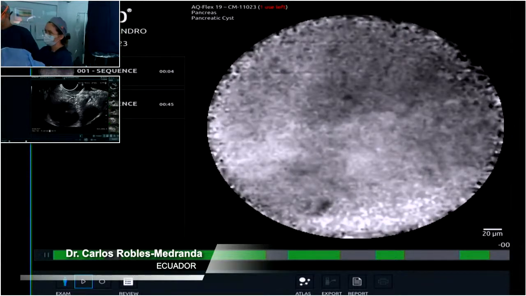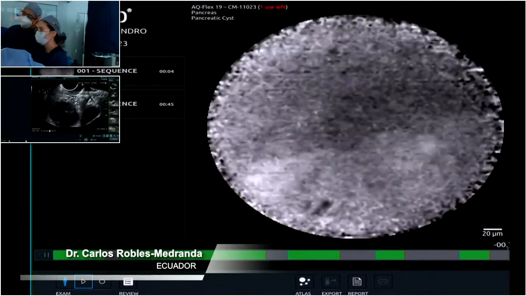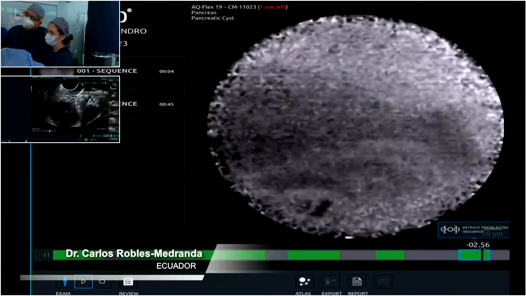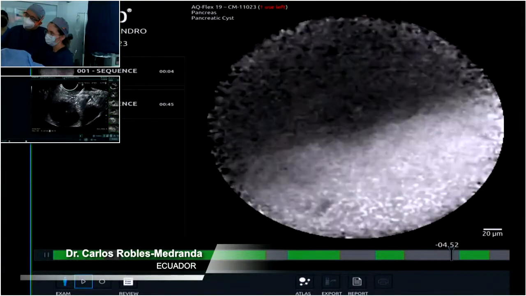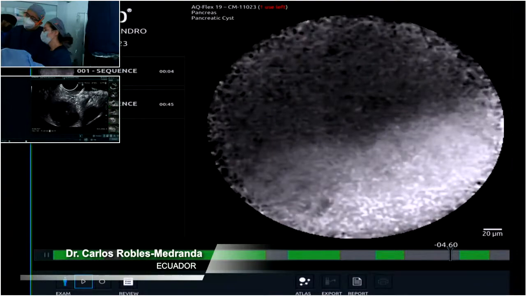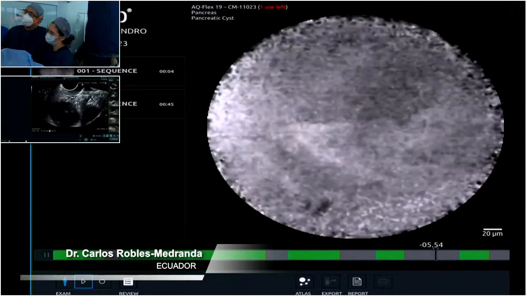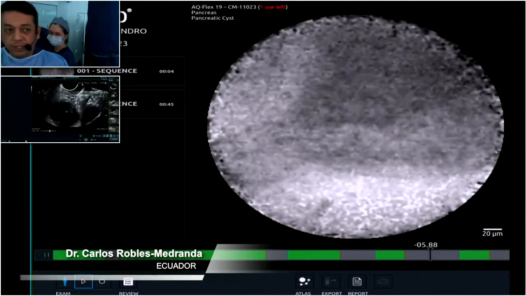So we see this kind of epithelium here and this wave-like pattern, like we already published in GI Endoscopy, a multicenter study with the characteristics of the lesion. So this appears to be a mucinous lesion, very clear. You see here this wave, this is epithelium here. So it's very clear that we have a mucinous cystic lesion.